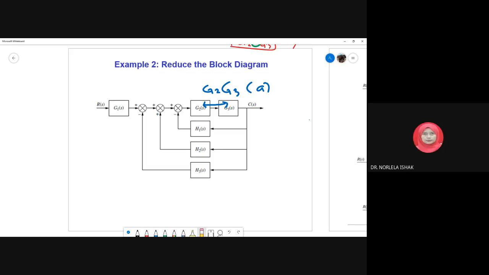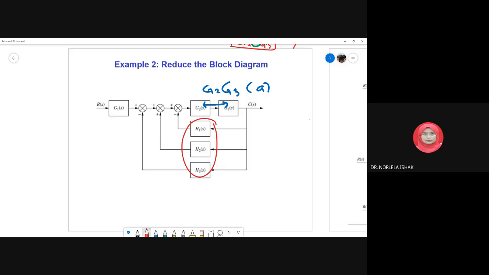Tak boleh settlekan dulu, parallel sebab ketiga tu. Okay, H1, H2, H3. Can I solve this one using parallel? You can solve H1, H2, H3.